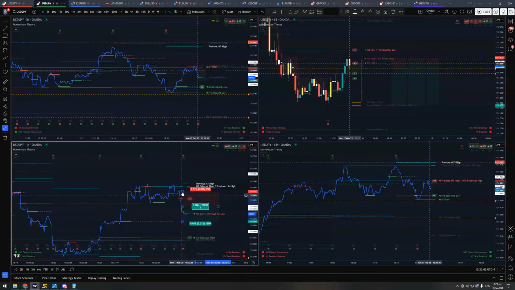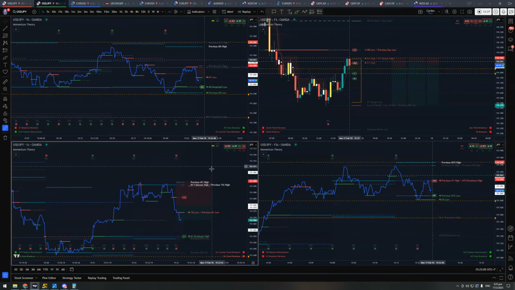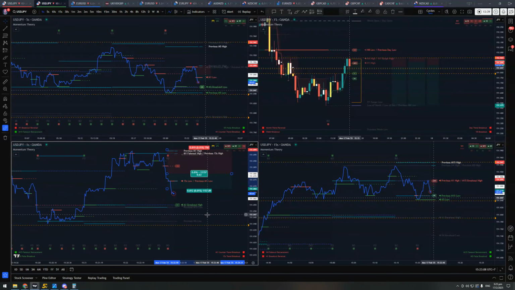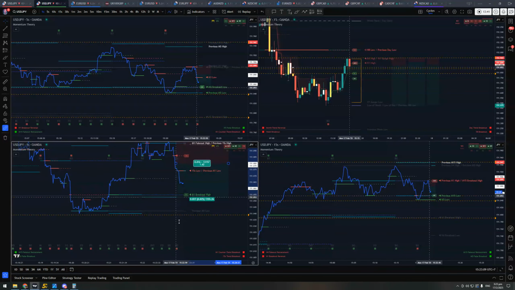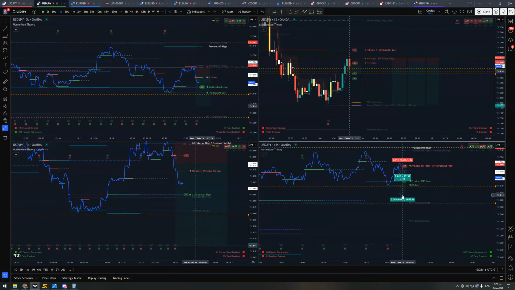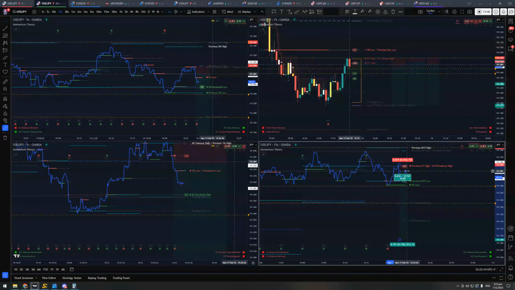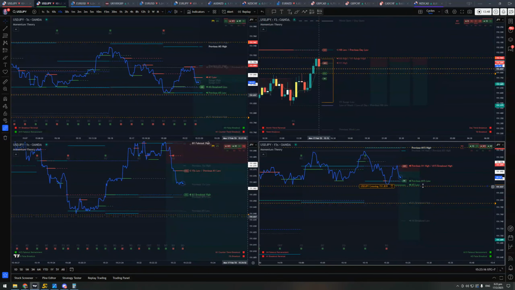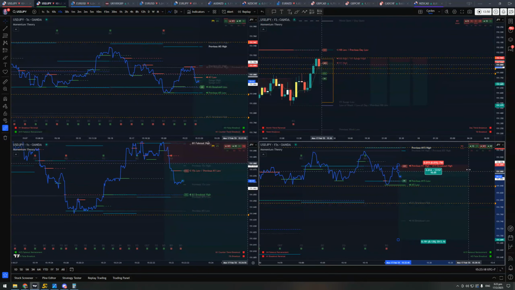Okay, took this one. So these are really risky, and I wouldn't suggest it if you're not comfortable trading at these levels.